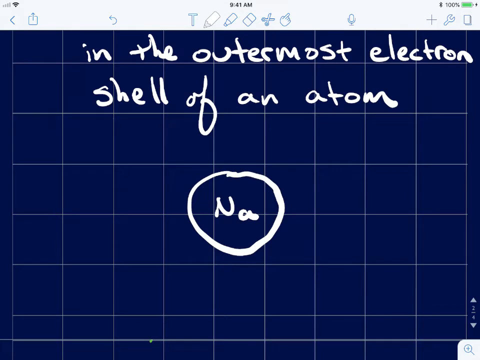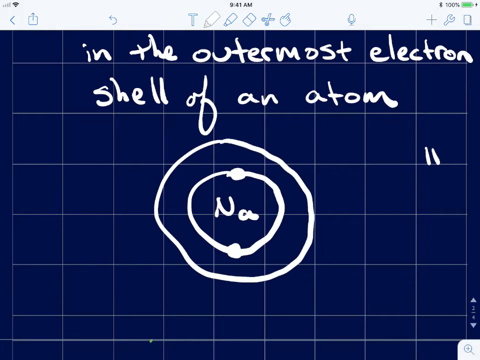As we fill in the electrons, remember we need to get to 11, because that's the number of electrons that a stable atom of sodium has. We're going to start with the inner shell, 1, 2. Then we go to our next shell here, and we're going to fill it in like seats on the bus. So we have 1 here, 1 here, 1 here, 1 here.